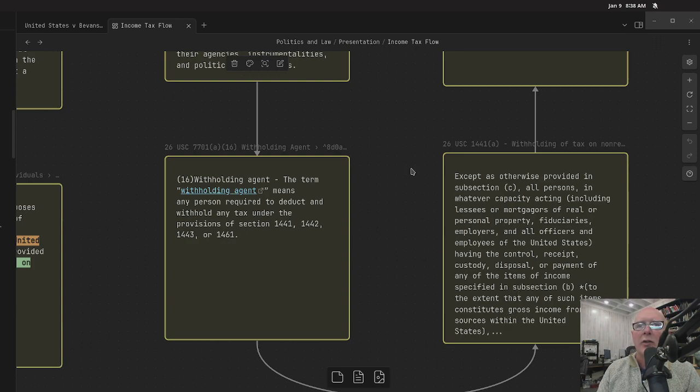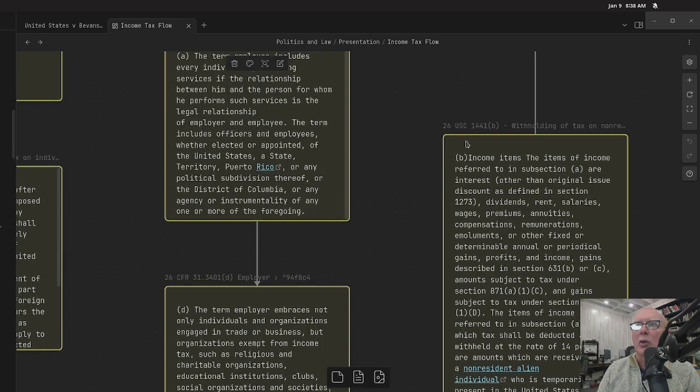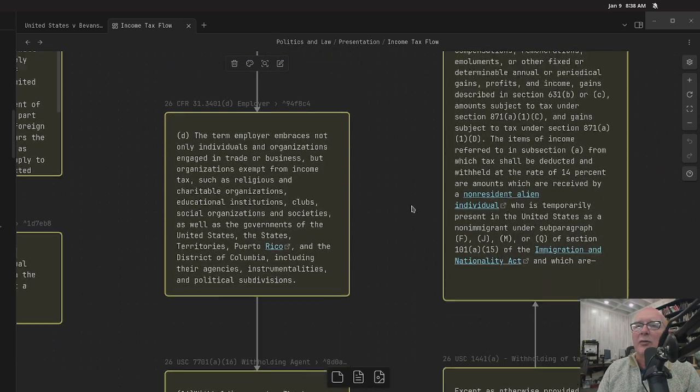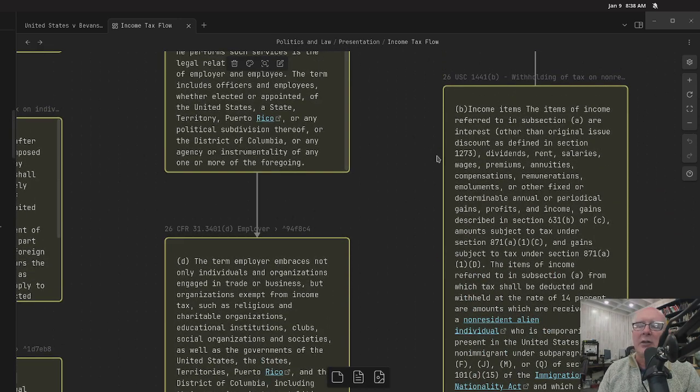So now we're on to 1442. So here is section B, and their code refers to section B in this section as well. So let's take a look at it real quick. The items of income referred to in subsection A, which is what we just read, are interest other than original issue discount as defined, dividends, and we're just going to skip over all of this.